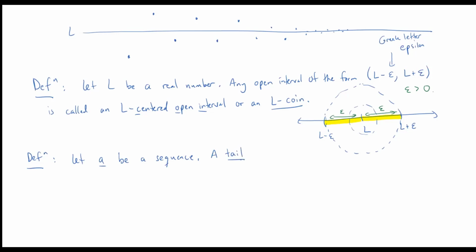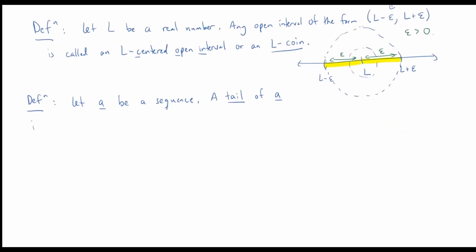I want to define a tail of A. So a tail of A is any sequence of the form, you start somewhere, like the kth term of A, and then just keep going.